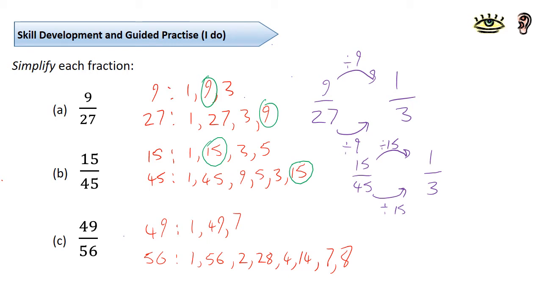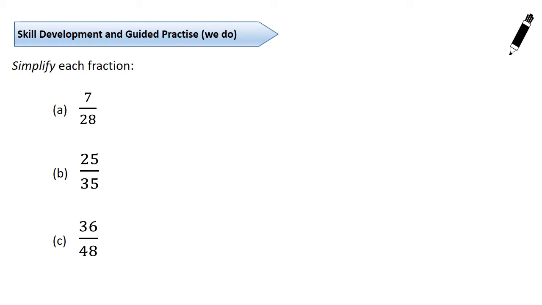What is the highest common factor between those two? Looks like it's going to be the 7. So 49 over 56, divide both the top and the bottom by the highest common factor, 7, to get 7, since 7 times 7 is 49, and 8, since 8 times 7 is 56. I want you guys to have a go at these yourselves before you click on to continue.